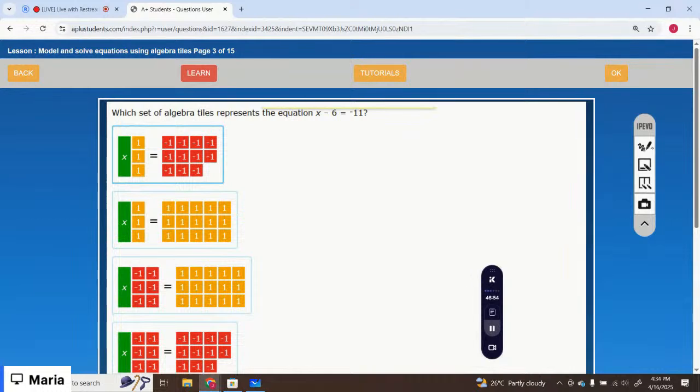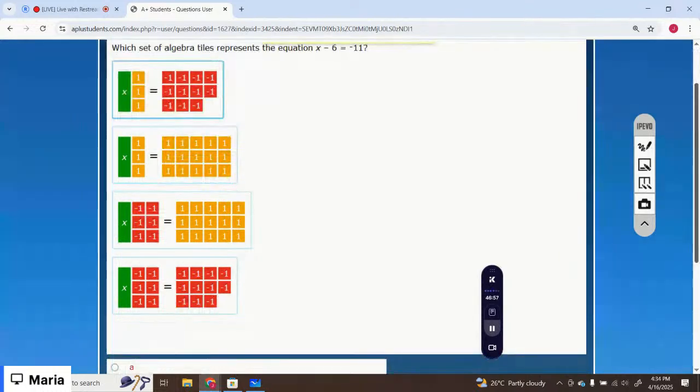Which set of algebra tiles represents the equation x minus 6 equals negative 11?